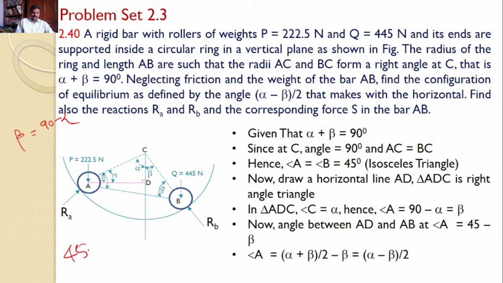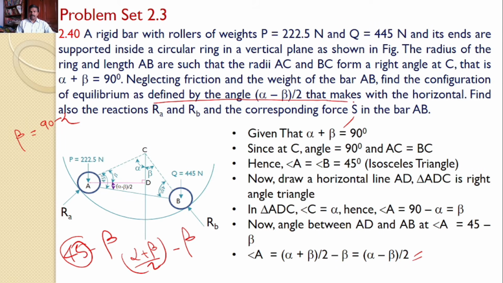But 45 you can write as alpha plus beta by 2, because alpha plus beta is given as 90, minus beta, and after simplification you will get alpha minus beta by 2. So this angle is alpha minus beta by 2. That is the angle the problem defines as making with the horizontal, and we have already proved it.